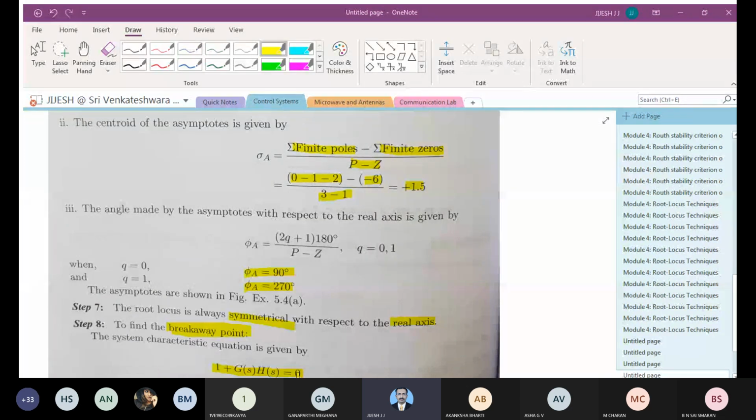What is that you are going to get further? So anyone of you got that equation?